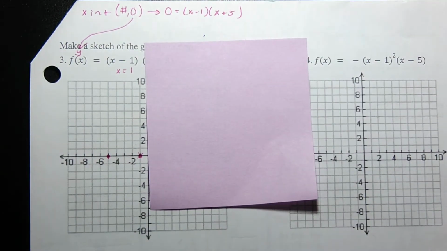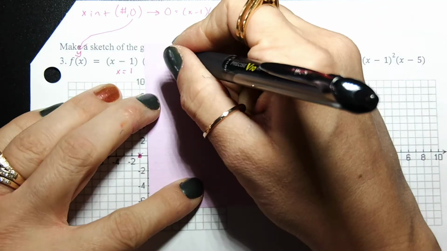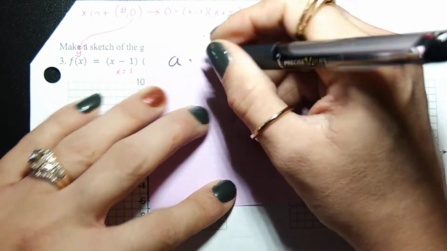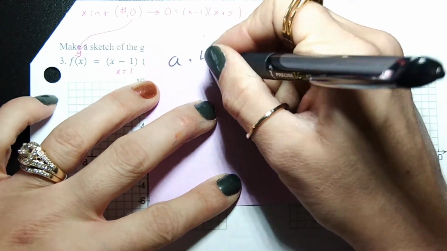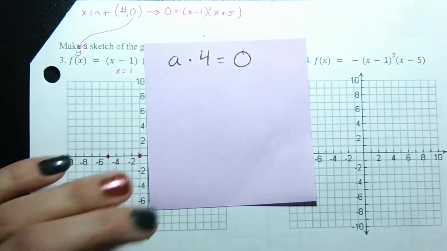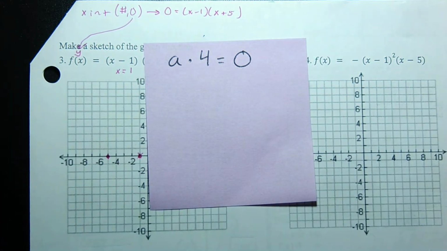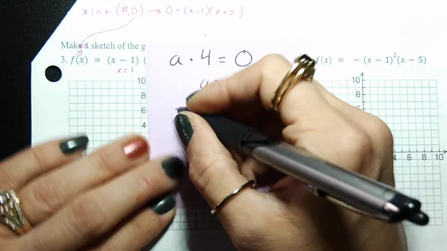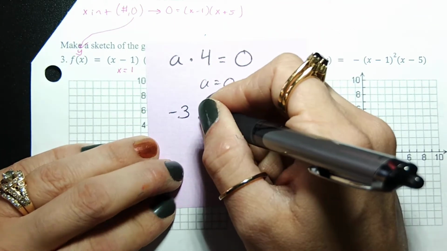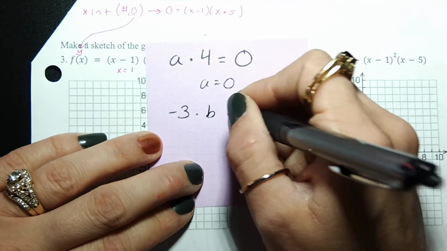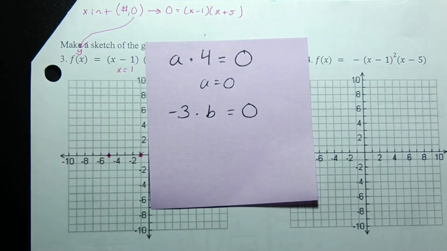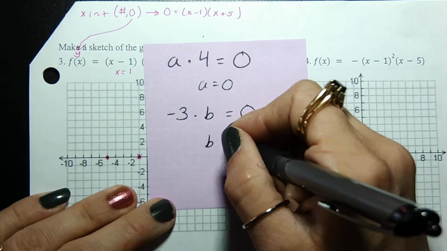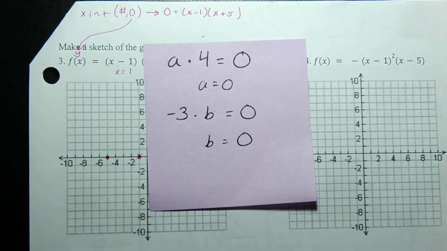Folks, let's say, and you don't have to write this down, that I have a times 4 equals 0. What does a have to be? It has to be 0. What if I have -3 times b equals 0? What does b have to be? It has to be 0.